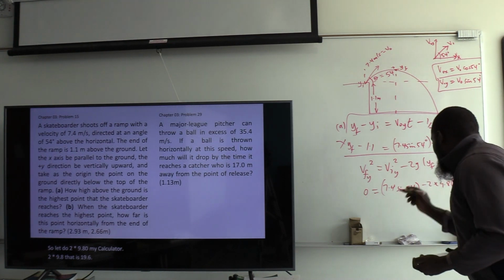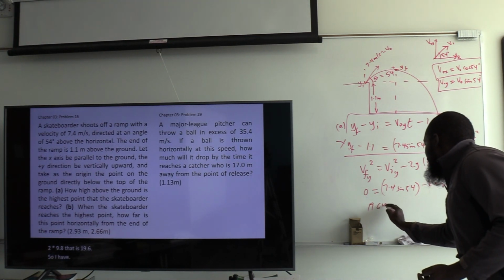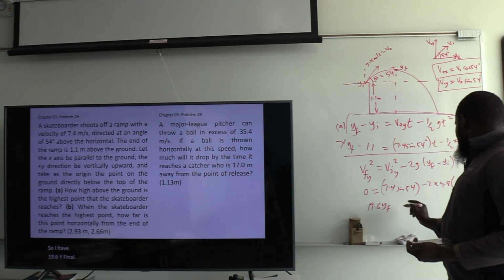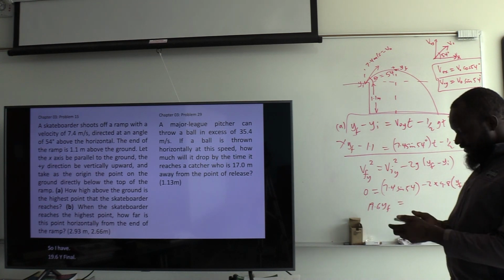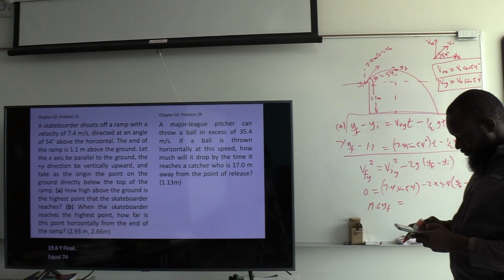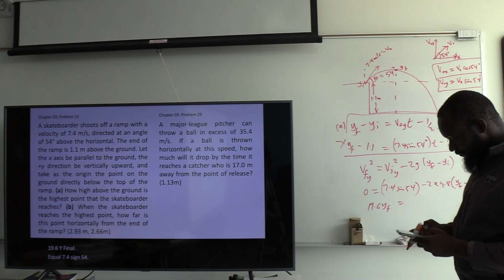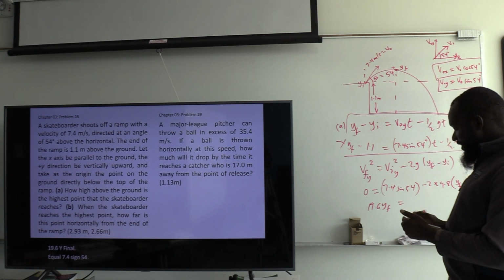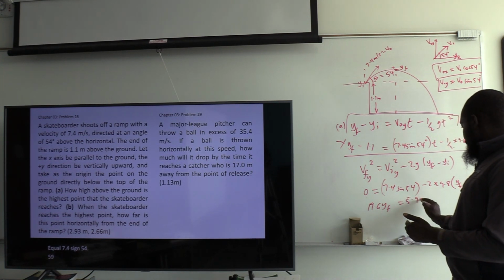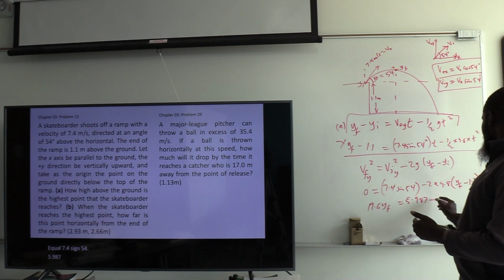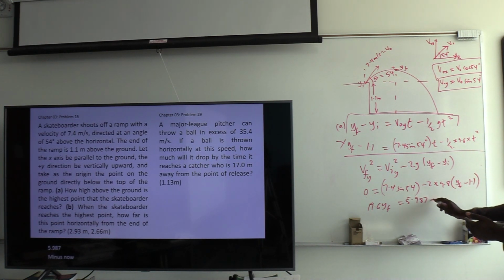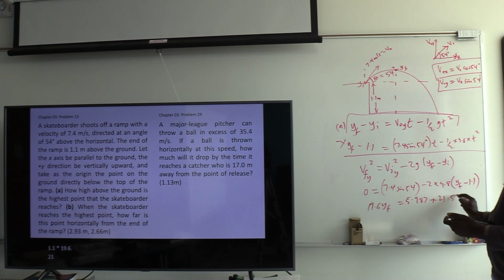So I have 19.6 y final equals 7.4 sine 54, 5.987, and now it becomes plus 1.1 times 19.6, which is 21.56.